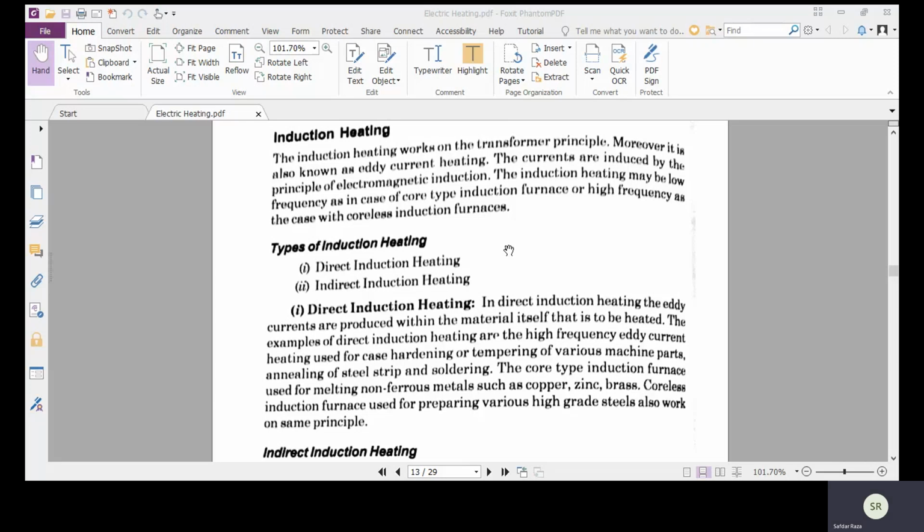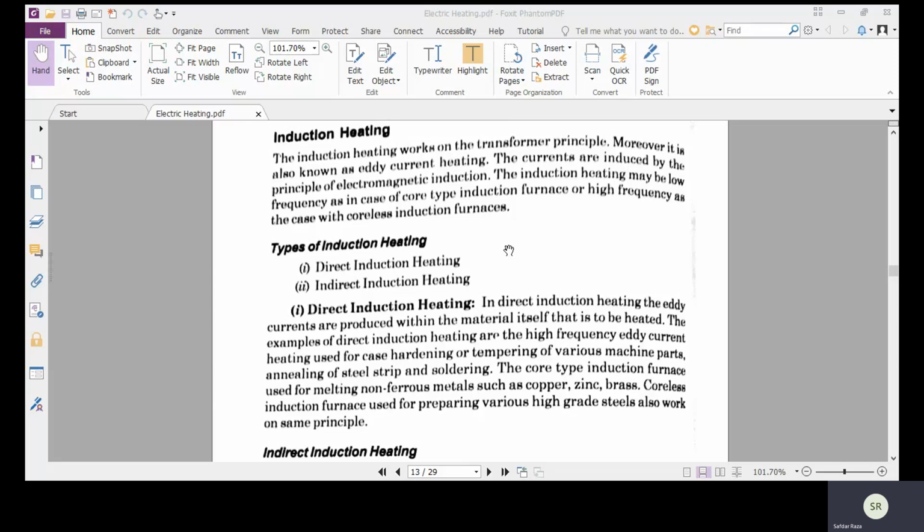And also we know that in a transformer there are certain types of losses. One of them is the core losses and another is the copper losses. Core losses are further divided into two parts: one is the hysteresis loss and the other is the eddy current losses.